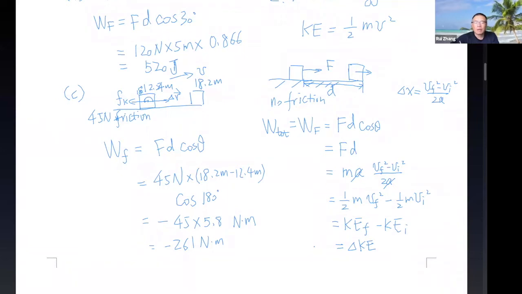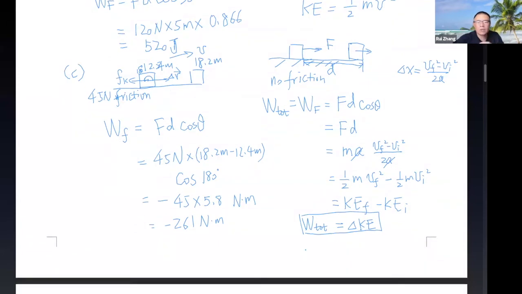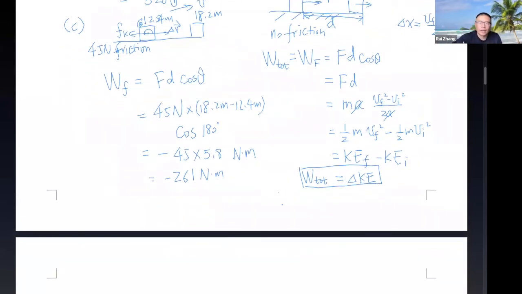It turns out that this is not only true for this specific case, it is true for every case. So this is actually a general law, called the work kinetic energy theorem.